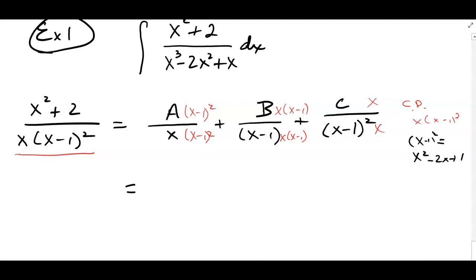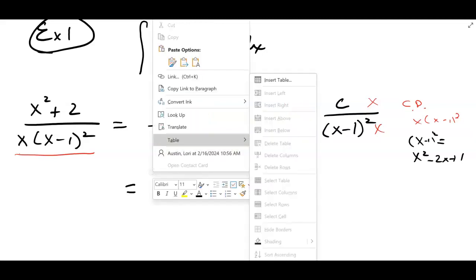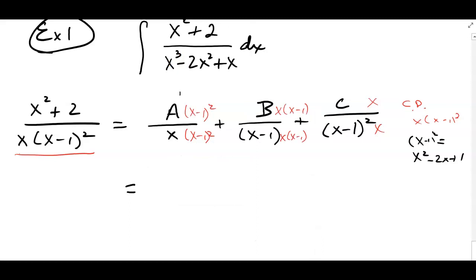So for the first term, I need a times (x squared minus 2x plus 1). I'm just trying to save some work of constantly having to rewrite this a whole bunch of times. I'm going to distribute the a. It's going to give me ax squared minus 2ax plus a.